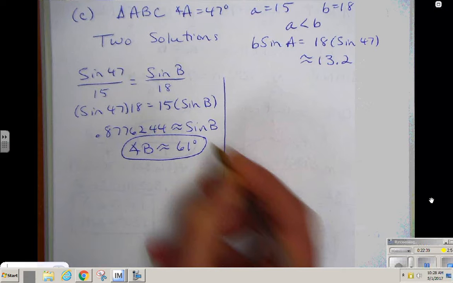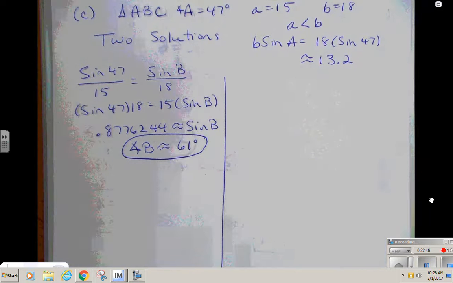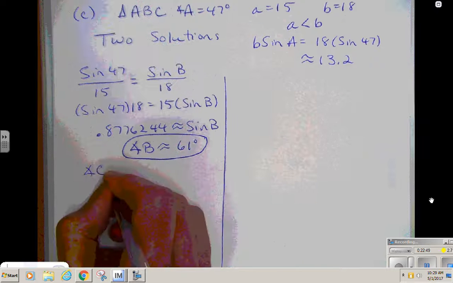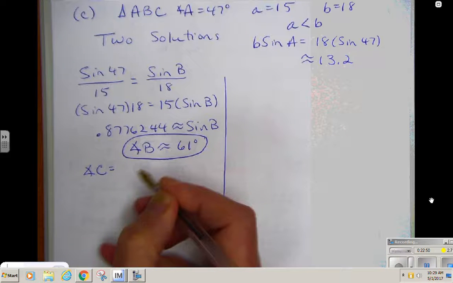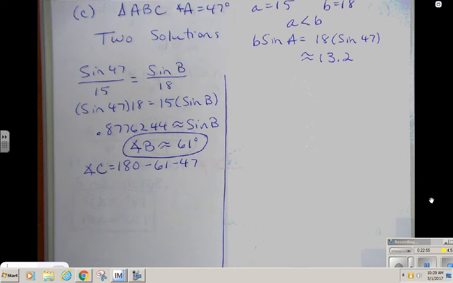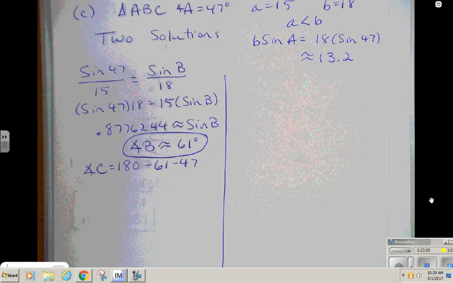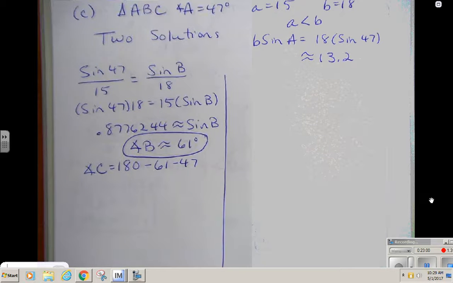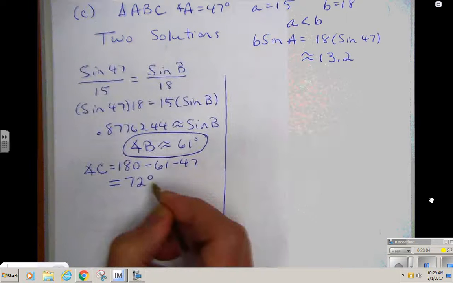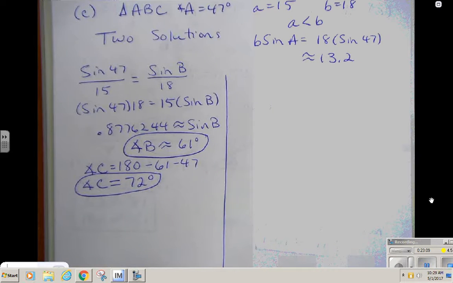Okay, so if angle B is 61, then I want to also solve for angle C and side C. Angle C, I'm just going to take 180 and subtract 61 and subtract 47, the other two angles. So angle C is 72 degrees. And then solve for side C.